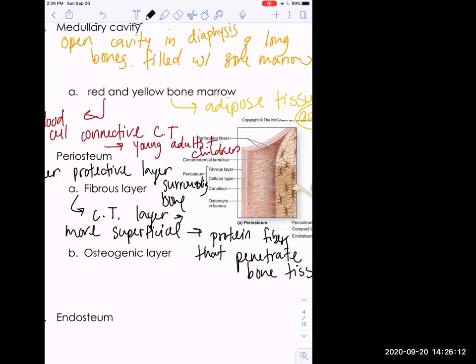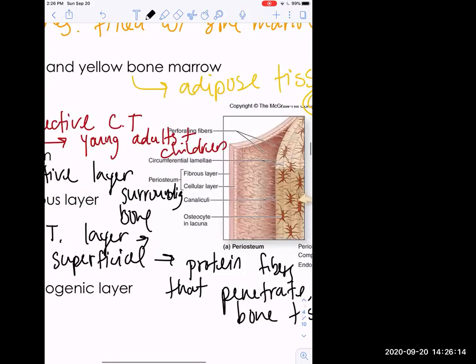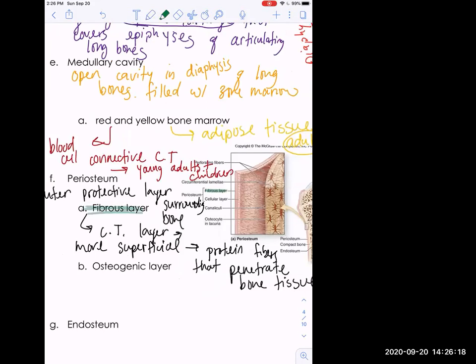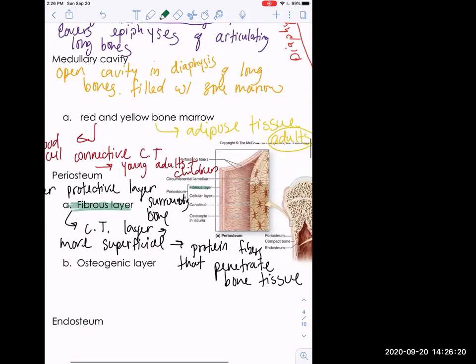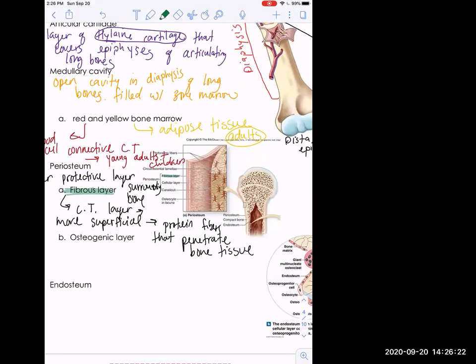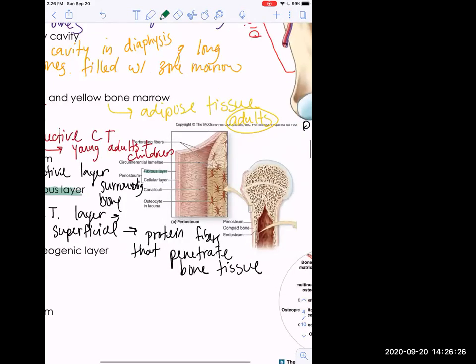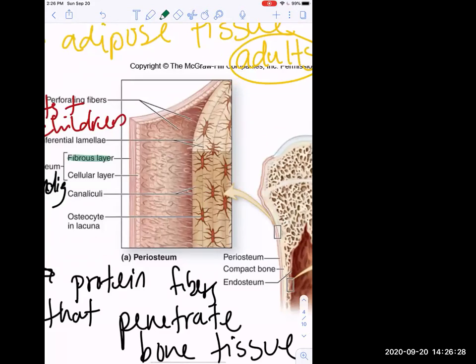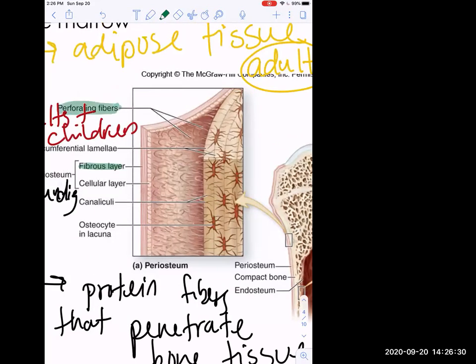So the fibrous layer here, I'm going to highlight that. The fibrous layer is a connective tissue layer that's more superficial, and it contains protein fibers. You can see those right here. We call these perforating fibers. All those little protein fibers, you can see them in here.